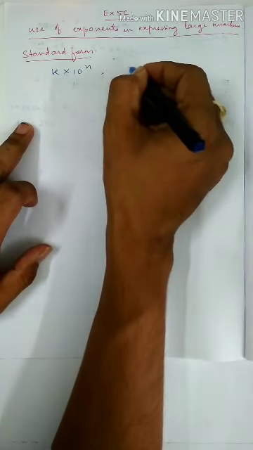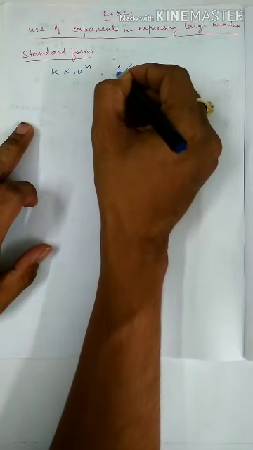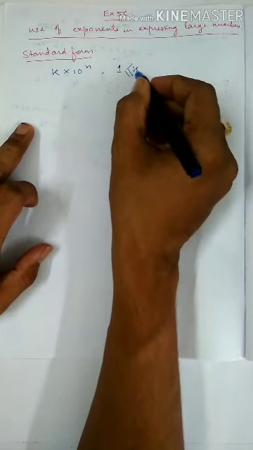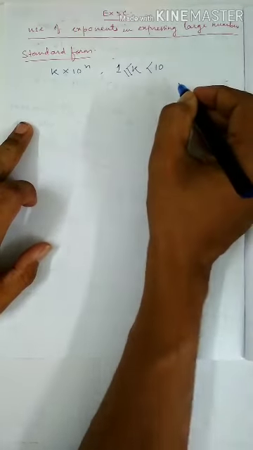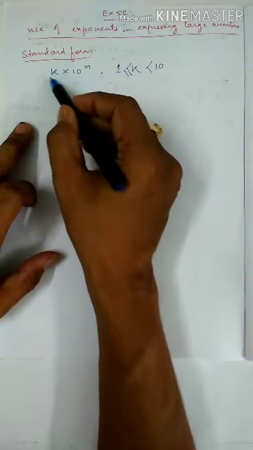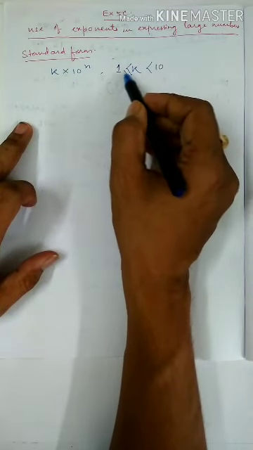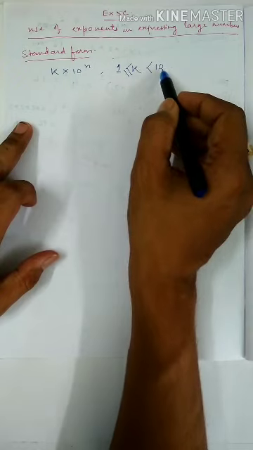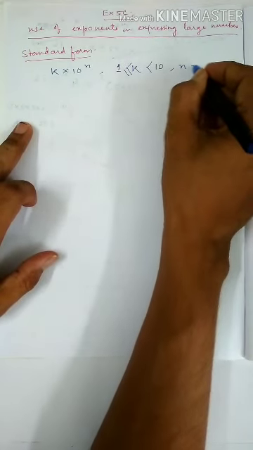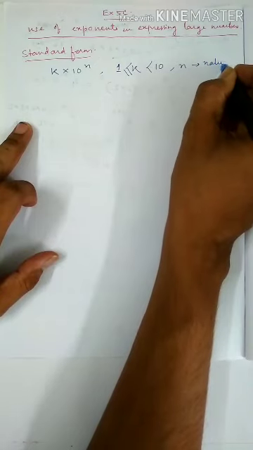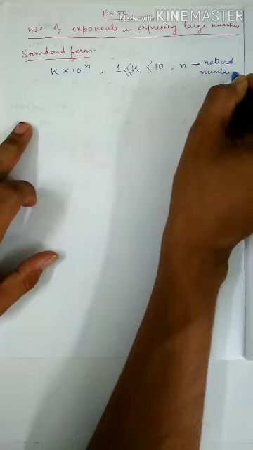But here k should be greater than or equal to 1, and it should be less than 10, and n should be a natural number.